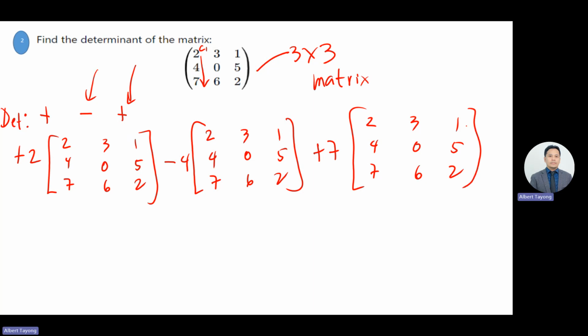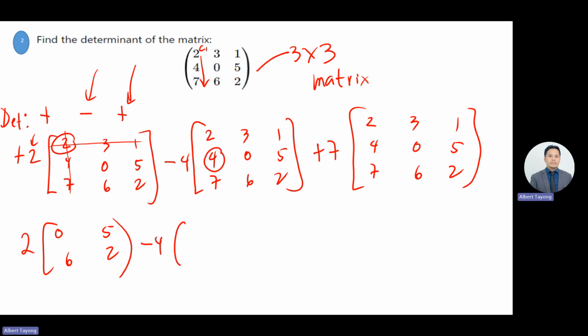Okay. The next is to cancel some values. We're going to start with the first element. Here, the first element is 2. So we're going to delete left to right and up and down. So the remaining is positive 2 times 0, 5, 6, and 2. And here we have minus 4.